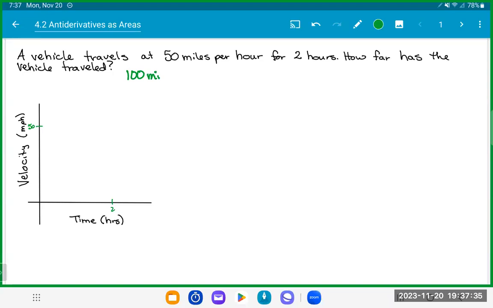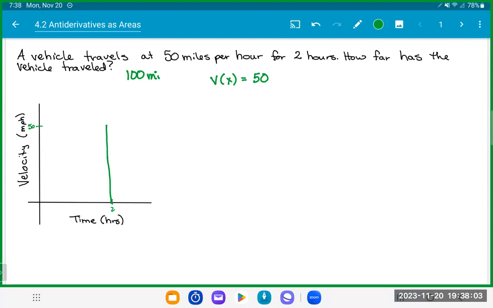Does anybody disagree with that? Okay. Well, we can treat the vehicle's velocity as a function. If we say that v of x is equal to 50, then when we graph this function, we can sketch a vertical line at x equal to 2, right?